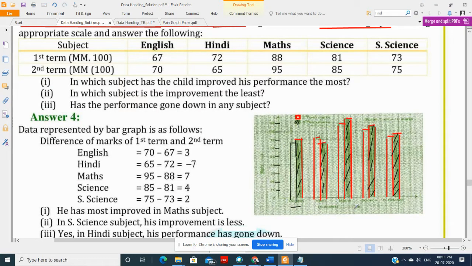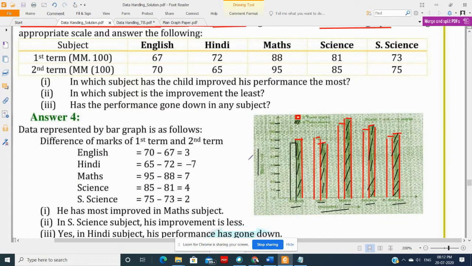Then the second one is Hindi. The third one is maths. Fourth is science. And the last one is social science. Here you mention that these are subjects because it's the x-axis. And here you mention that these are marks because it's the y-axis. That is, quantitative information will be there.